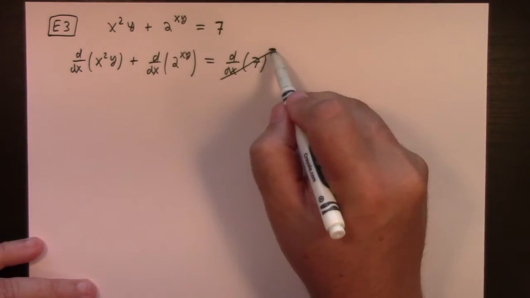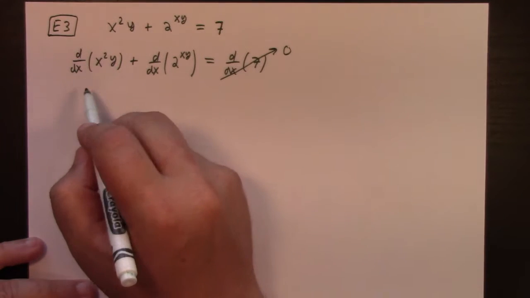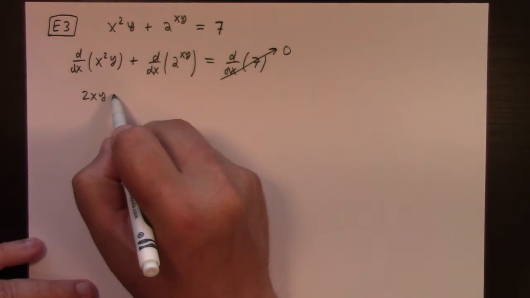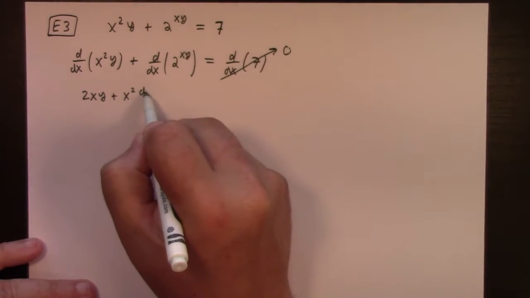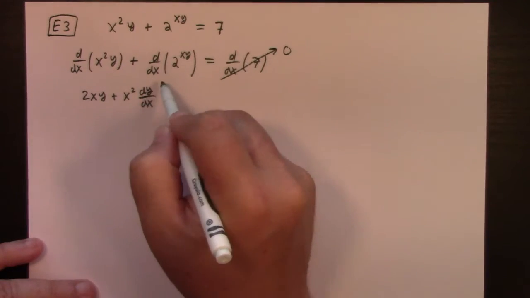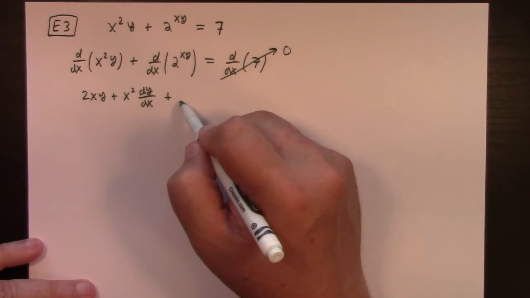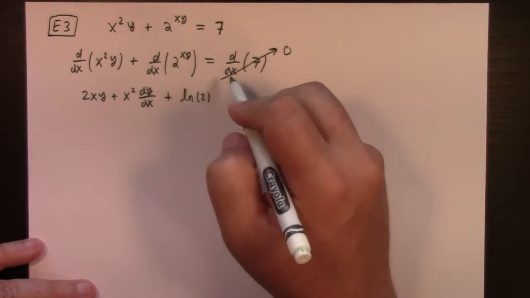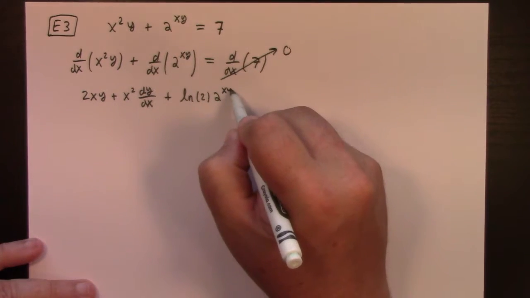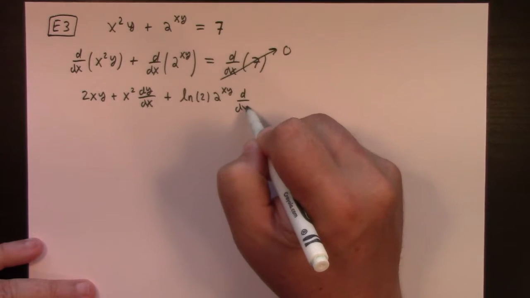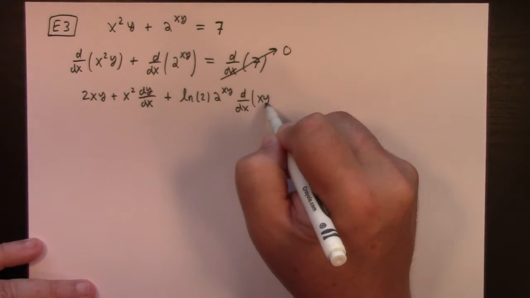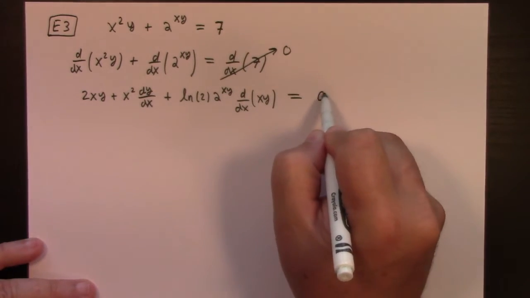Of course, this is 0, right? That gives me 2xy plus x squared dy/dx. Then by the chain rule, the derivative of 2 to the something is natural log of 2 times 2 to the xy times the derivative with respect to x of x times y. That's all equal to 0.